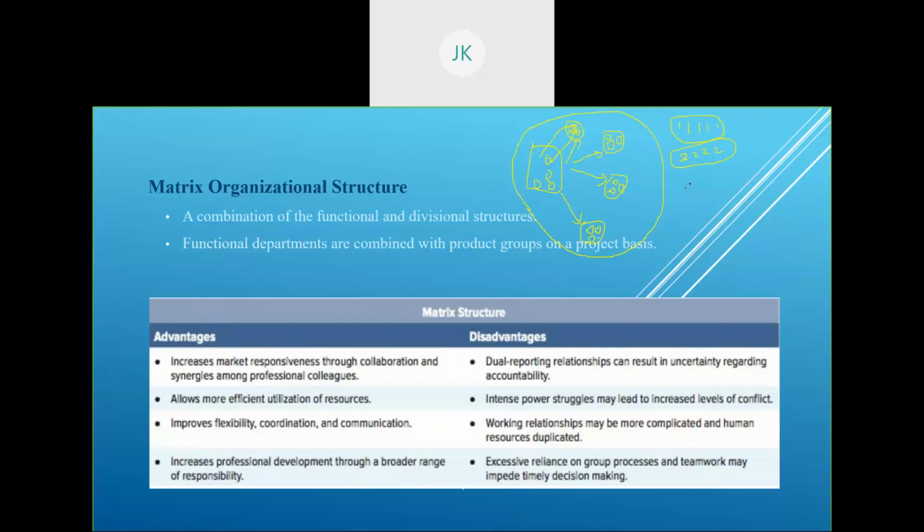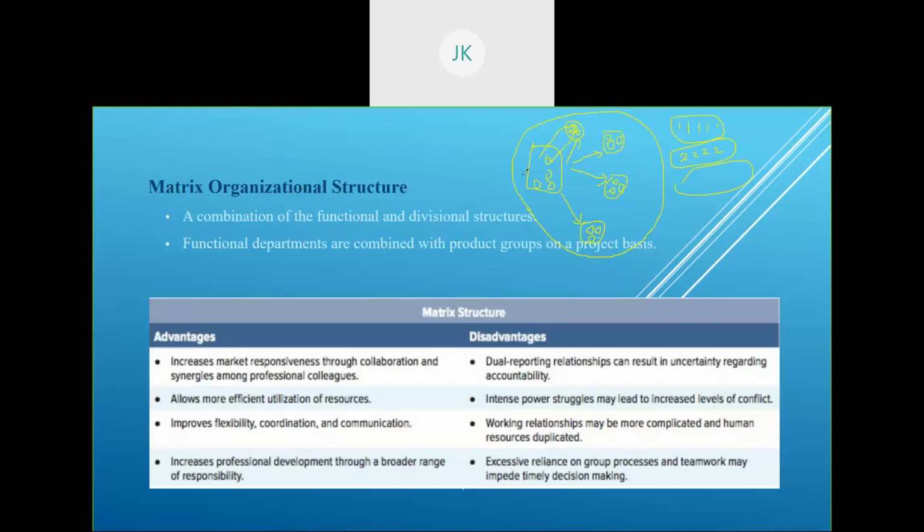So another function. Each division has its own functions, but this main company, the main headquarters, groups all functions like this and then controls each and every division. So I think this structure is an example of a matrix organizational structure.